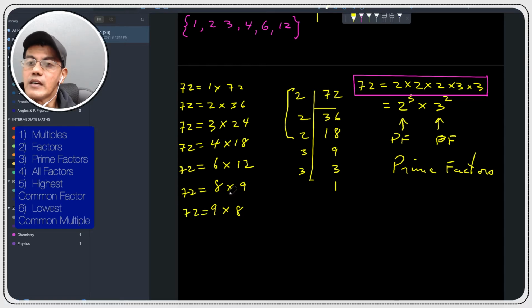72. And what did we say? Now that we notice that we are repeating, we can just cross this out and just write in all our factors.